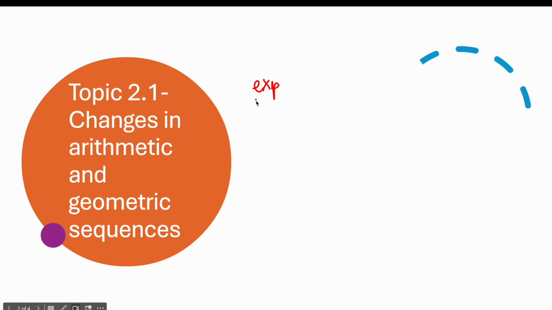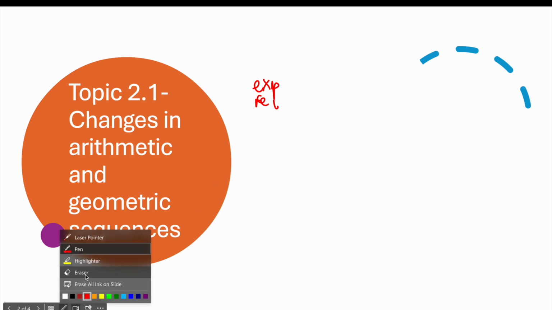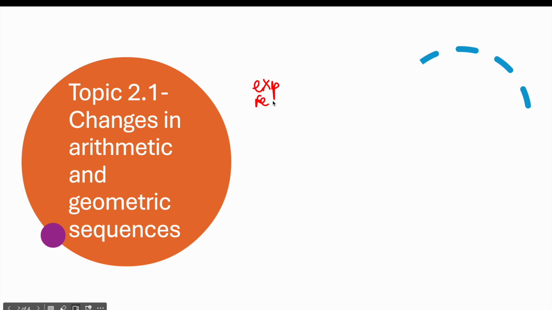So our explicit and recursive parts are as follows.